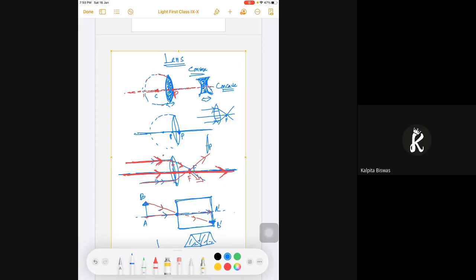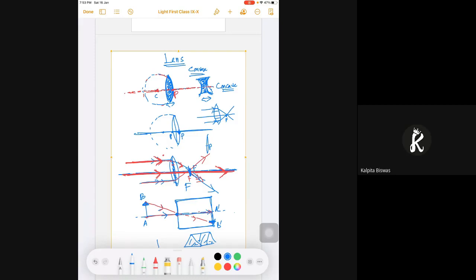Due to the law of refraction, it will pass through a certain point. This point is called the focus of the lens, and the ray will go along this direction.